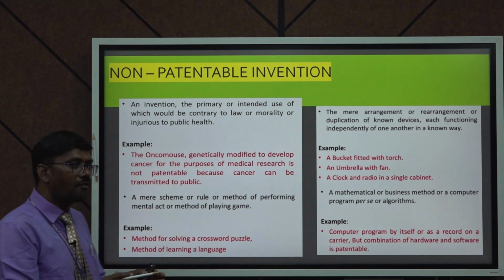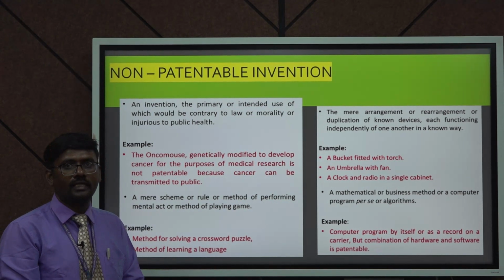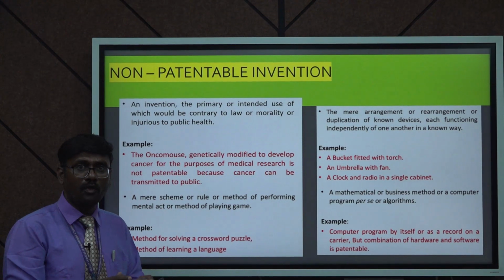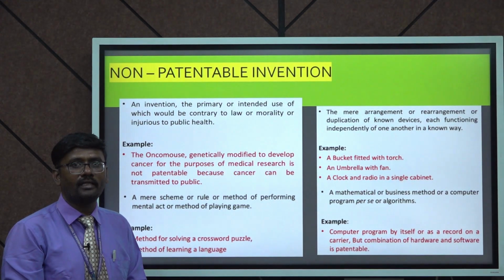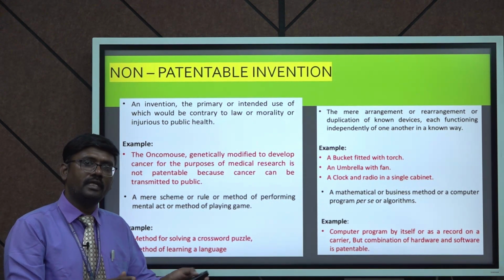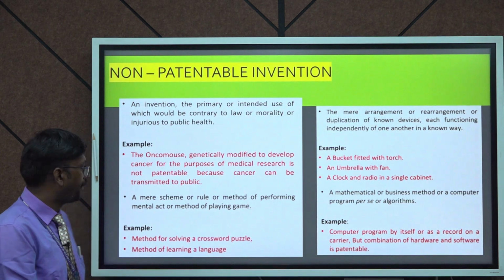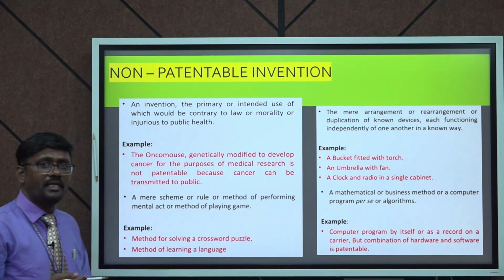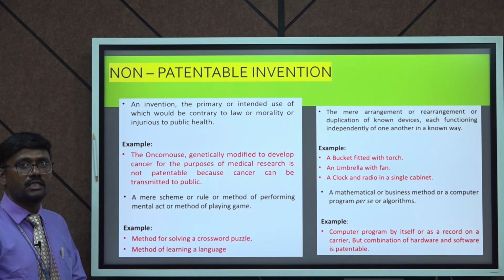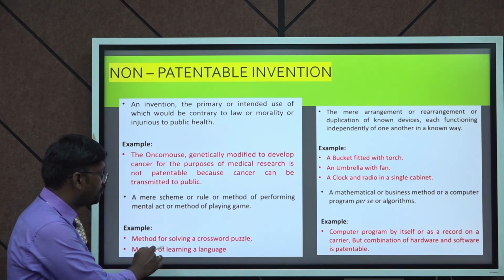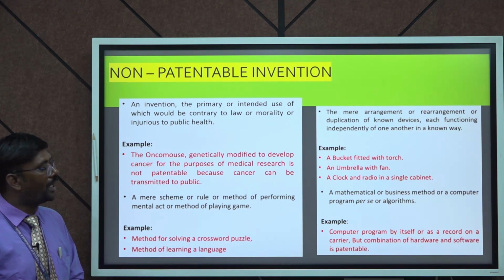Coming to computer science, artificial intelligence, data science, the programs and algorithms cannot be patented as such. You need to integrate with a hardware component, otherwise it is not patentable. Then creating puzzles, formulations, protocols and languages cannot be patentable.